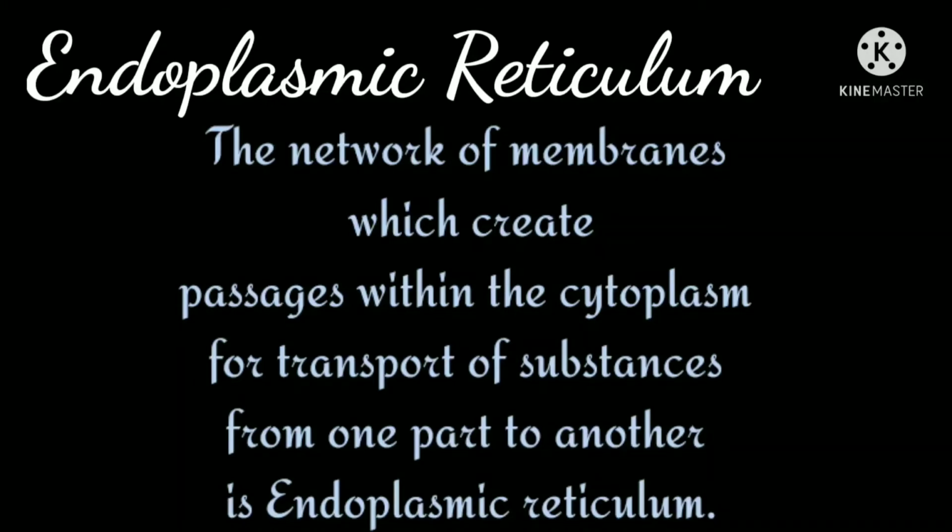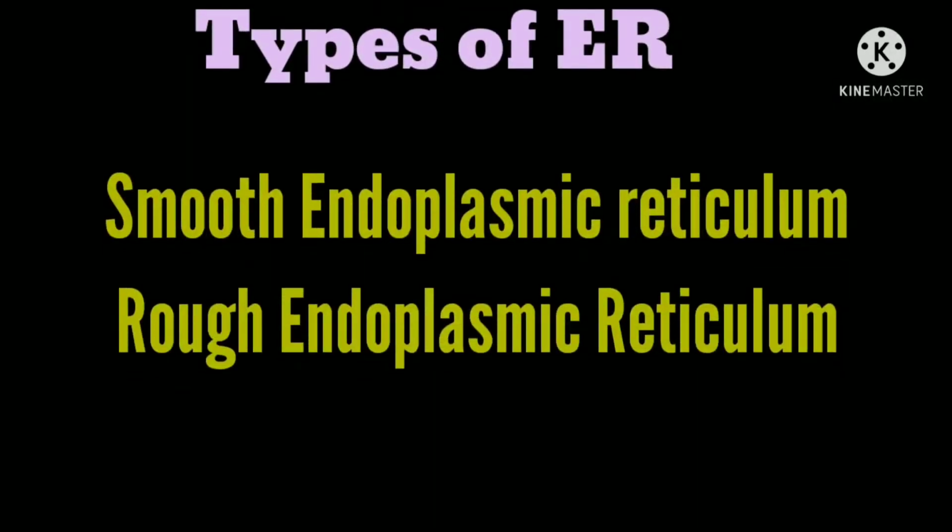What is transport? Yes, of course, taking from one place to another, that is called transport. So it is transporting substances from one part of the cell to another part of the cell. That is endoplasmic reticulum, and these are of two types: one is smooth endoplasmic reticulum and another one is rough endoplasmic reticulum.